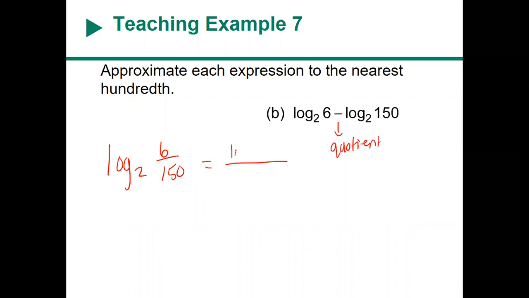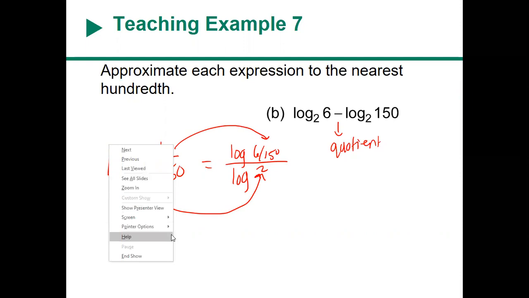So in the calculator, it's common log. So I have my common log, and this becomes my denominator, and this becomes my numerator, 6 divided by 150. And that's what we're going to put in the calculator.